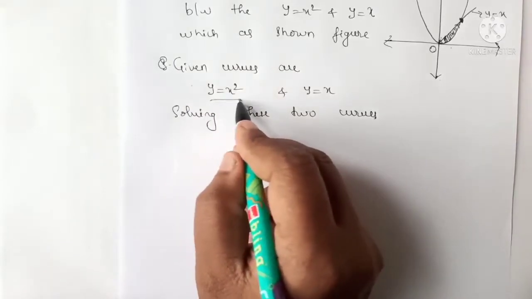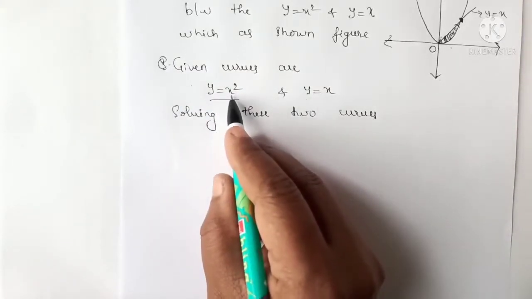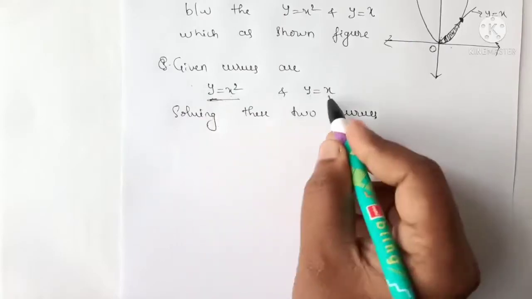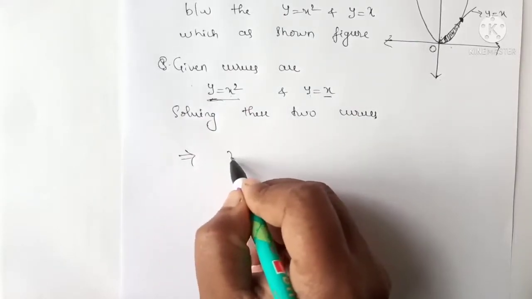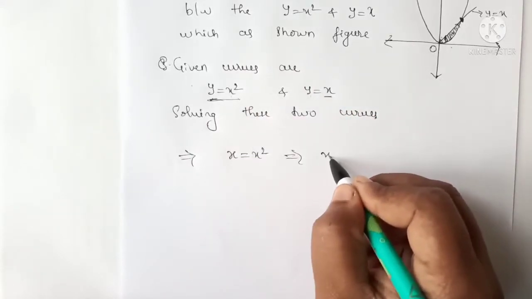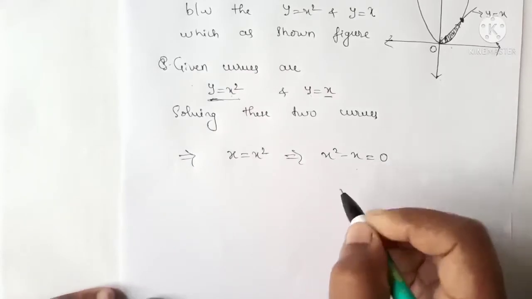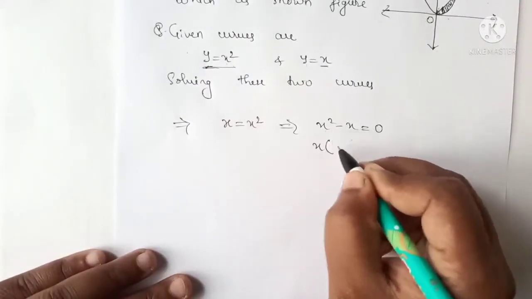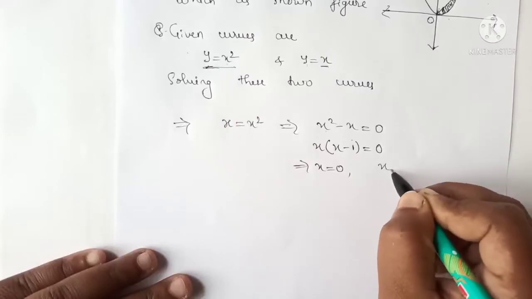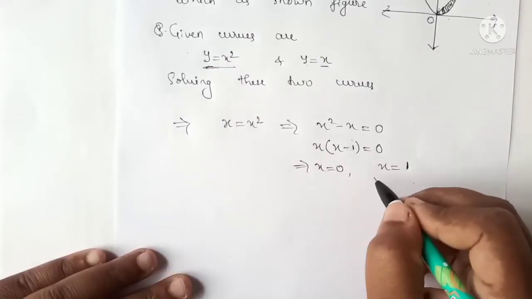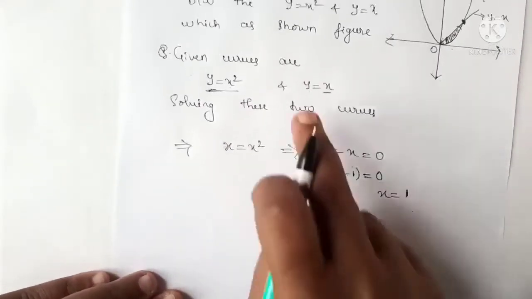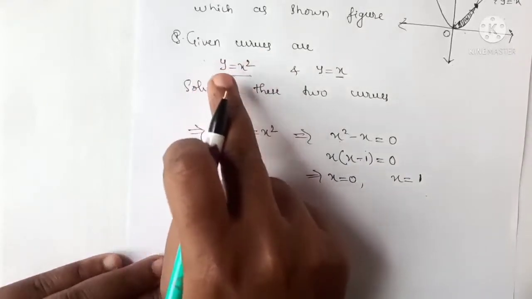So y equals x square, substituting y equals x, we get x equals x square, which implies x square minus x equals 0. Here we take x common, x into x minus 1 equals 0, which implies x equals 0 and x equals 1. Thus when x equals 0 we get y equals 0, and when x equals 1 we get y equals 1. Even substituting in the other equation we get the same.